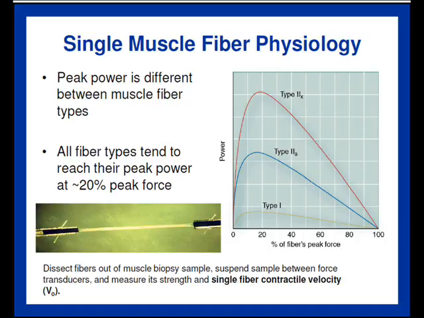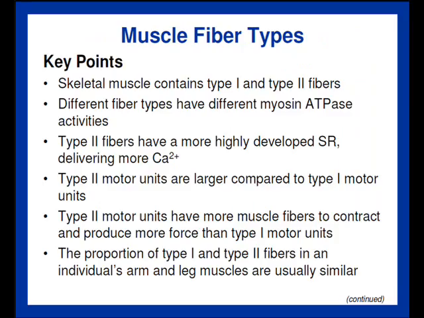So yes, with these muscle fibers, we dissect the fibers out of the biopsy, suspend the sample between force transducers, and measure its strength, and therefore its single fiber contractile velocity. And all fiber types tend to reach their peak power at about 20% of peak force, as you can see. 0 to 100% here at peak force, and they're all reaching their peak power at about 20%.